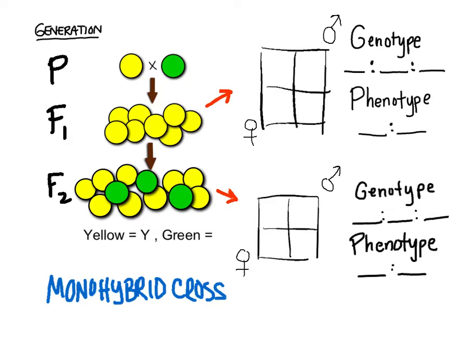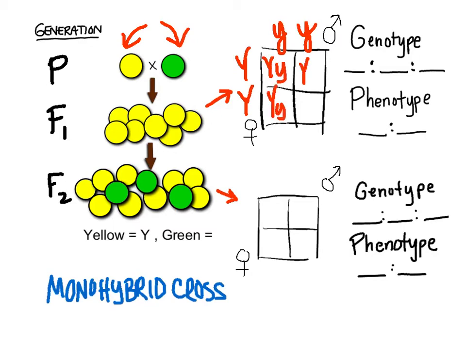So now we can look at Mendel's peas and understand why the different generations turned out the way that they did. So this yellow pea in the P generation and this green pea in the P generation, I'm going to write in what their alleles are. So the yellow pea is going to be big Y because it's homozygous dominant. The green pea is going to be little y because it's homozygous recessive. When I cross these two together, I'm going to end up with actually all of these being heterozygous.